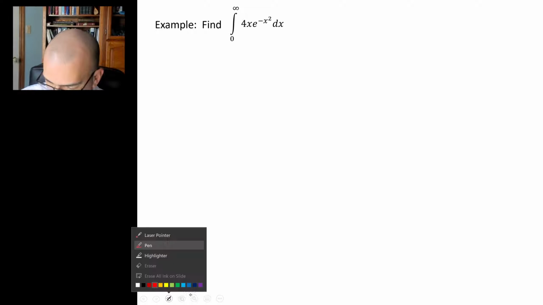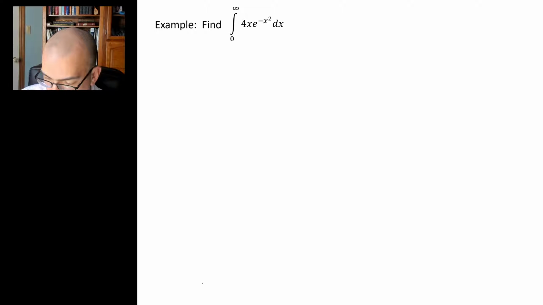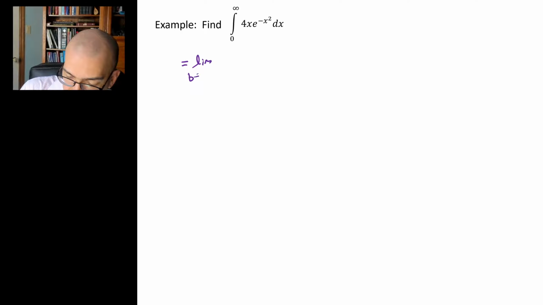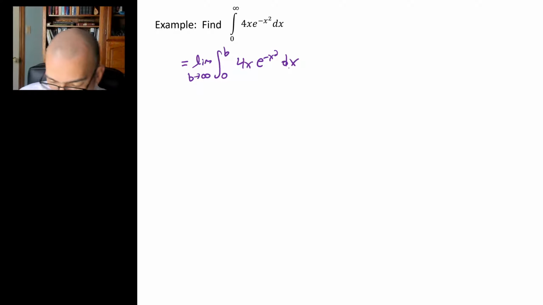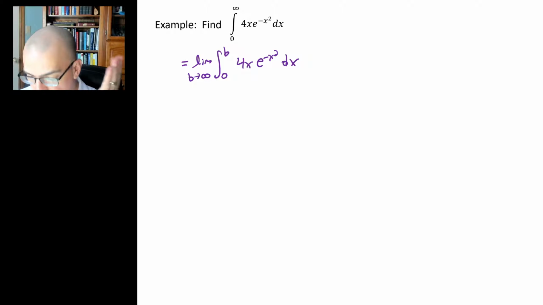Okay, another example. So I have the limit as b approaches infinity. I'm just going to right away acknowledge that this is an improper integral. Then I'm going to think about the strategy that is needed to solve this: how to take the antiderivative of 4x e to the negative x squared. We need substitution.